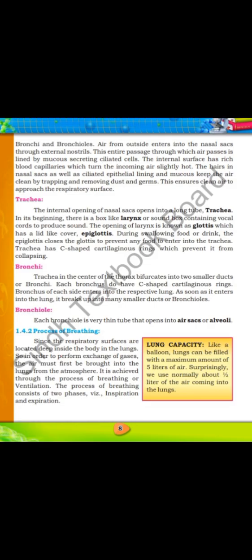And dear students, trachea has C-shaped cartilaginous rings which prevent it from collapsing. So it is the trachea.